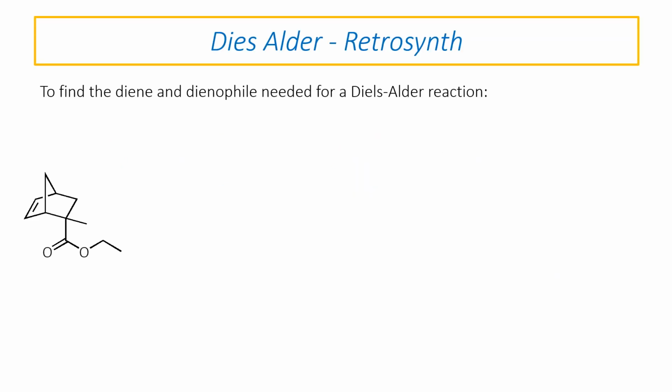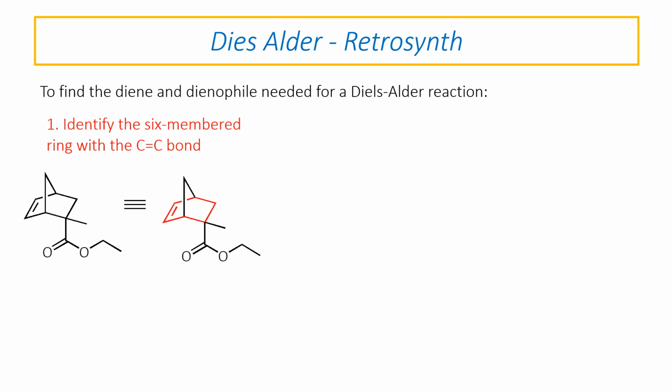So for the retrosynthesis of Diels-Alder, we really need to find the diene and dienophile used to create this product. The first step that we take is to identify the cyclohexene ring, and then we can try to make some sort of disconnect.